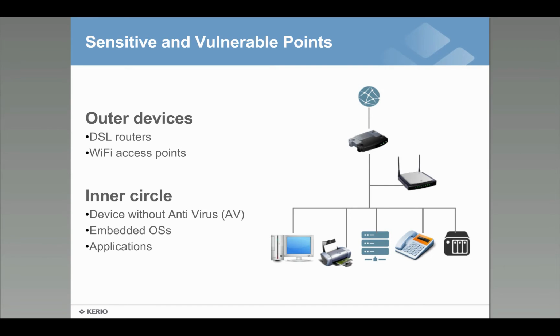So, for the SMB, and today we'll be purely talking about small companies, how the SMB can be vulnerable. We will look at a company from the outside. The device on the outside, in this case, would be a DSL router or Wi-Fi access point. These are the devices touching the outside world and how they can be exposed to vulnerabilities.